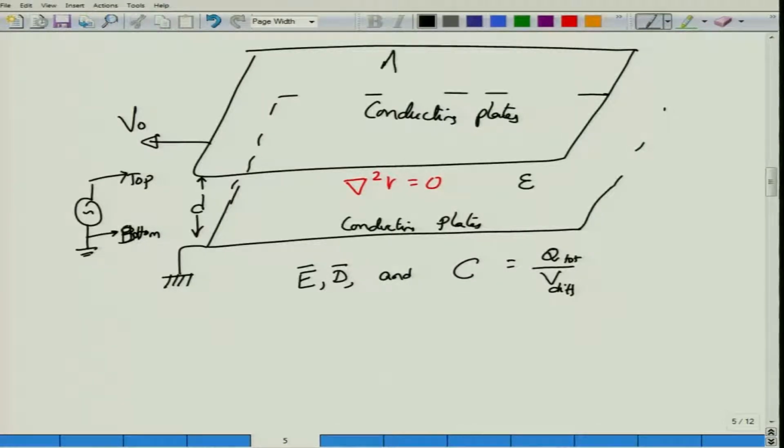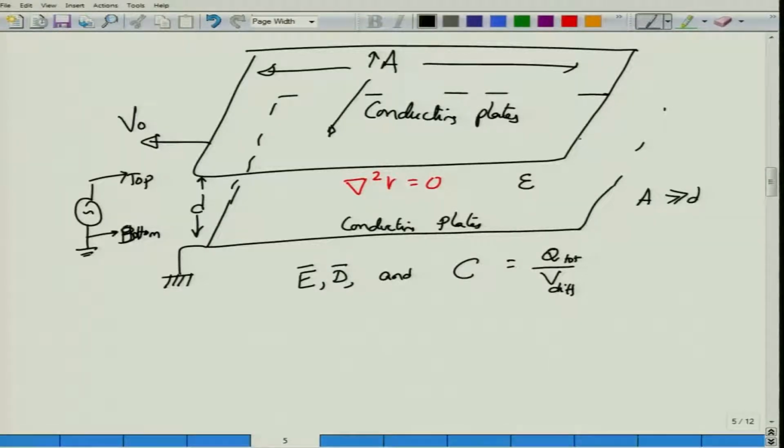As I said, the plates themselves have an area A which is quite large compared to the thickness d. So A is much larger than d. There is a reason why I consider A to be much larger than d, because all the calculations that we are going to do are very nice as long as you are in the center of these plates.